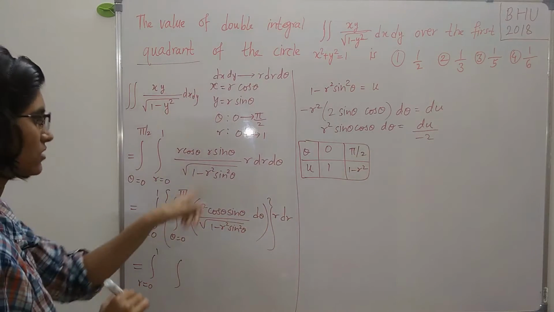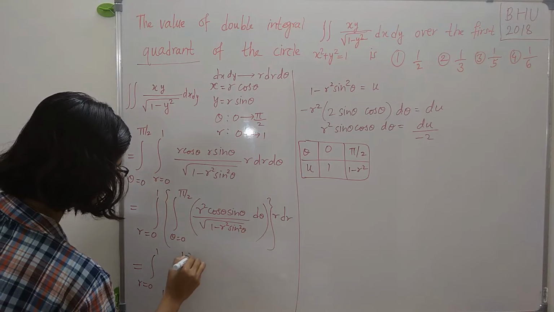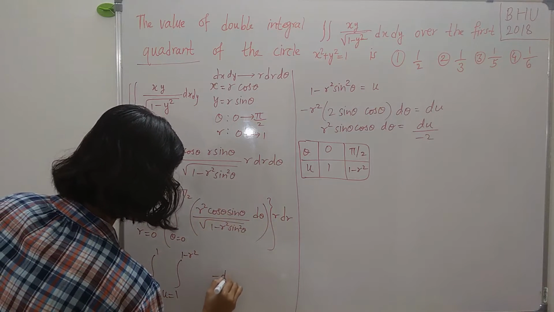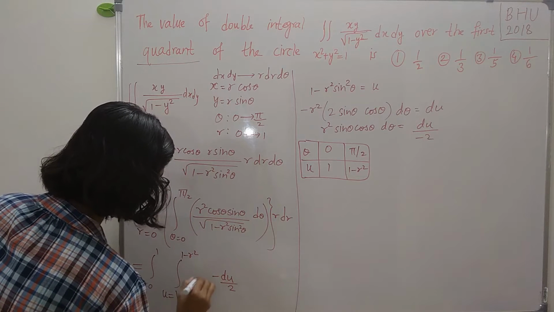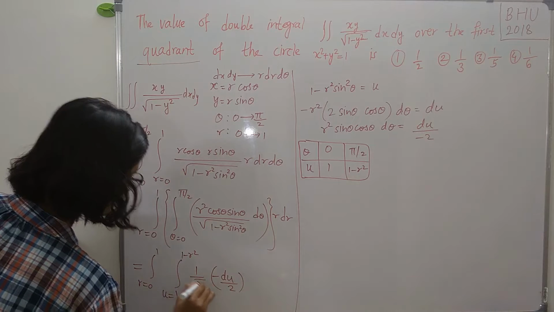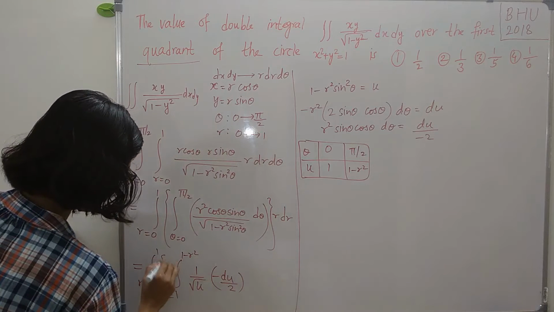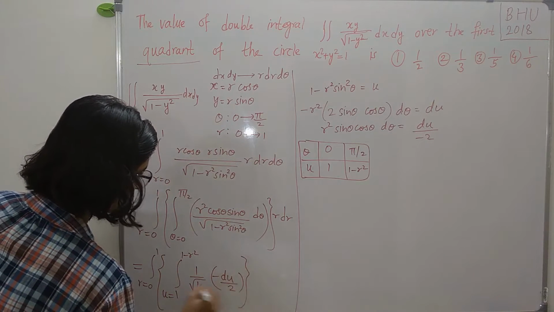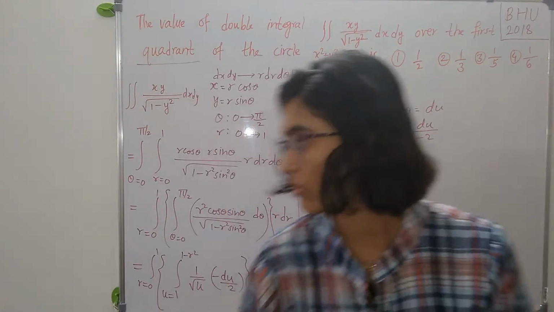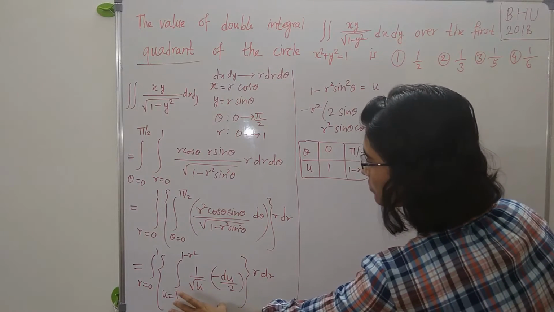So change this, so u is from 1 to 1 minus r square, and r square cos theta sin theta d theta is minus du by 2, right? Then this square root is just square root of u, because u is equal to 1 minus r square sin square theta. So we just have to find this, r dr as it is. So let us solve this. So just look at this. This is just equal to, I will first find this integral.